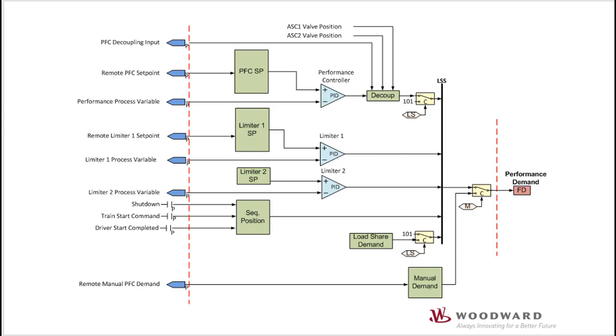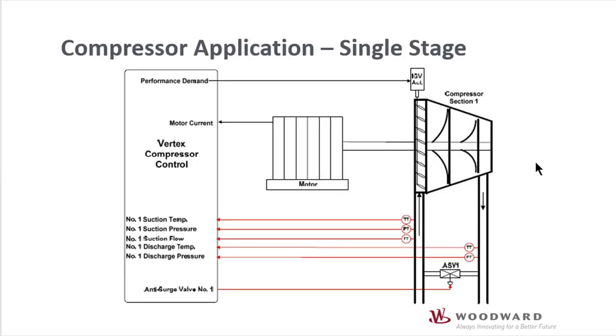So now that we've looked at the functional diagrams from a high level, let's look at some of the applications that the Vertex can be applied to. This is an example of a single-stage motor-driven compressor with anti-surge valve control and performance process control. In this application, 5 analog inputs are used for calculation of the compressor operating point.